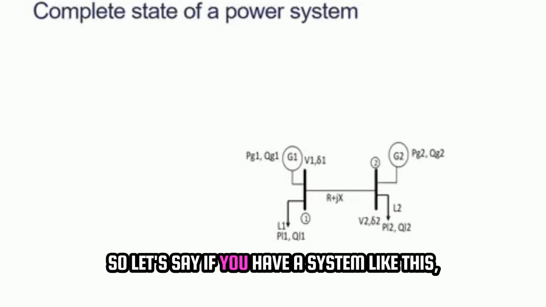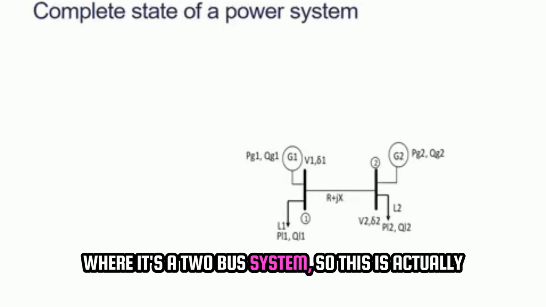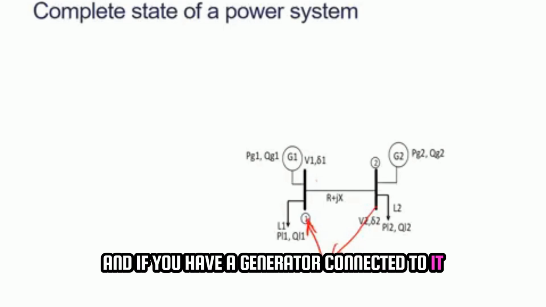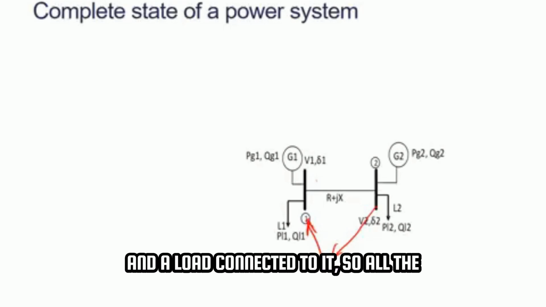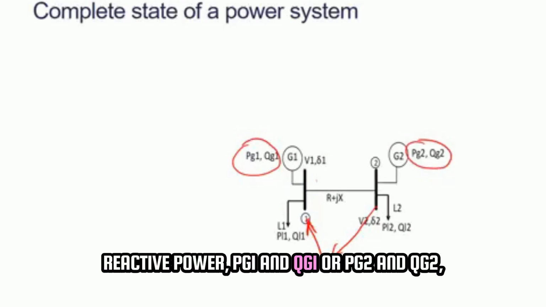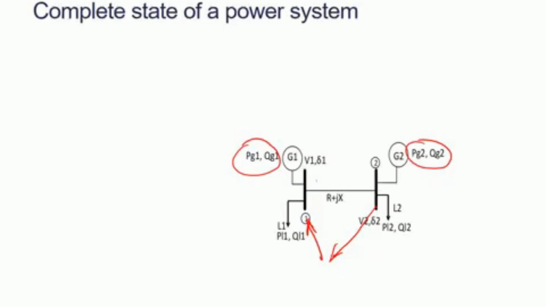So let's say you have a system like this, a two bus system. This is known as a bus, this is also known as a bus, and you have a generator connected to it and a load connected to it. All the generators can generate a real power and a reactive power, PG1 and QG1, or PG2 and QG2.